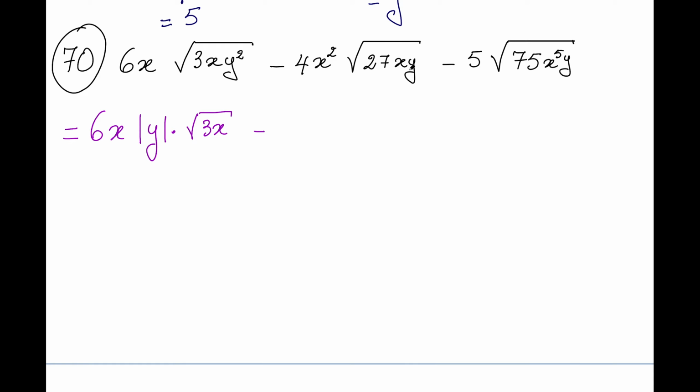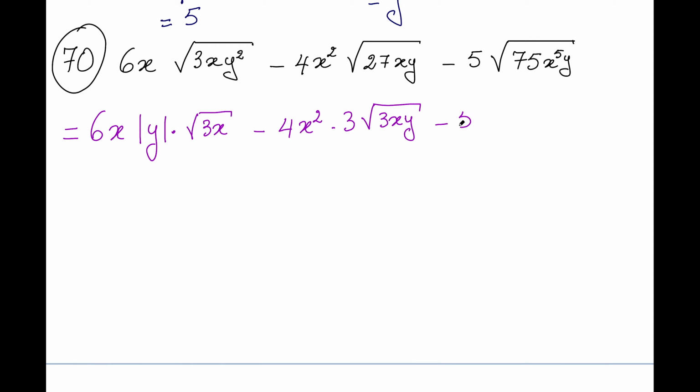I cannot do, none of them has a divisor that's a perfect square, but 27 does, and 27 is divisible by 9, which is a perfect square, so you get 4x squared times 3 square root of 3, right? And the xy existed already. How do we get that? 27 is 3 squared times 3, so square root of 3 squared is 3, and what's left inside is 3xy.